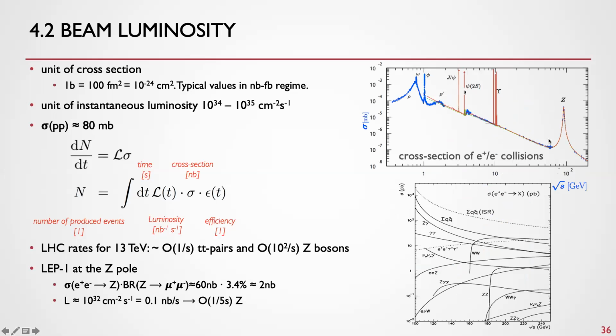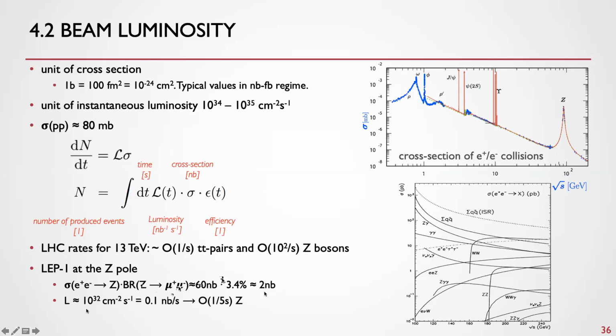The numbers I give here are for LEP operated at the Z pole. It's an e+ e- machine, so the beam energy is adjusted to the Z resonance, and the cross section there is only 60 nanobarn, and there is a branching ratio of 3.4% to muons, which gives us 2 nanobarn.